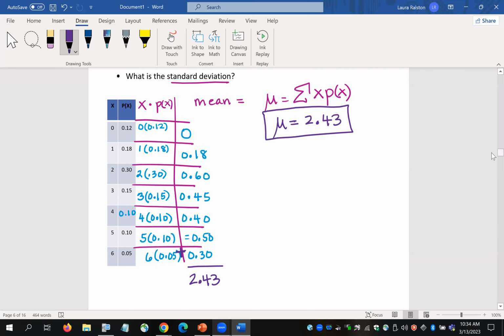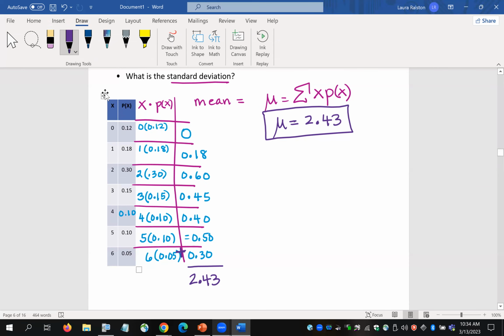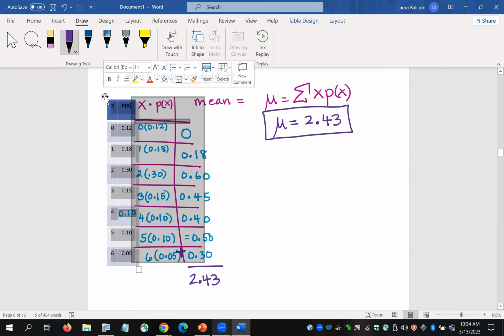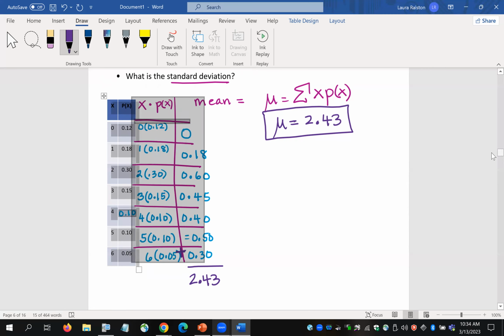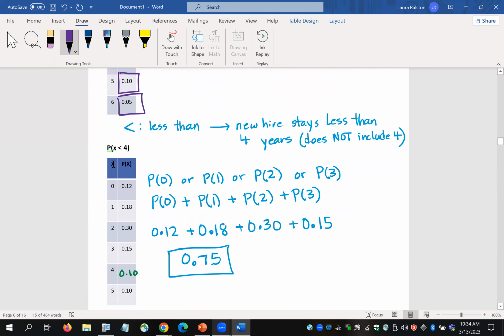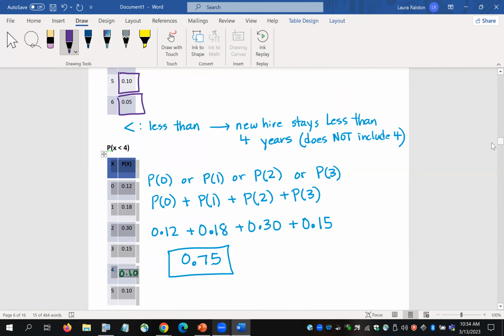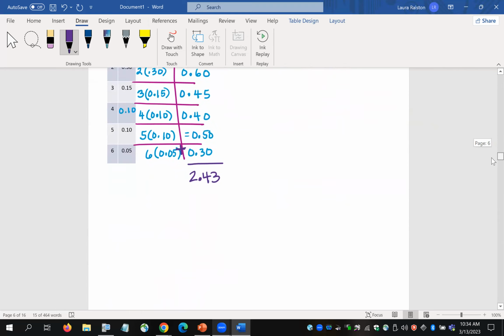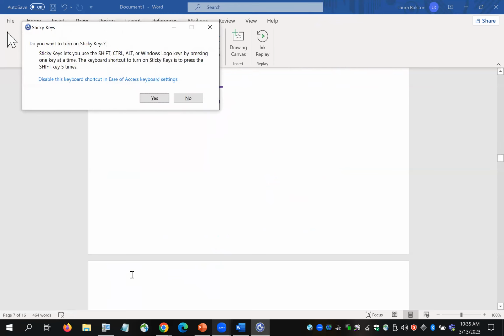Now the standard deviation is a little bit more involved, and let me see if I can copy this table again. I don't want the whole thing, so let me go up here and get the other one. Okay, any questions on the mean before I do the standard deviation?